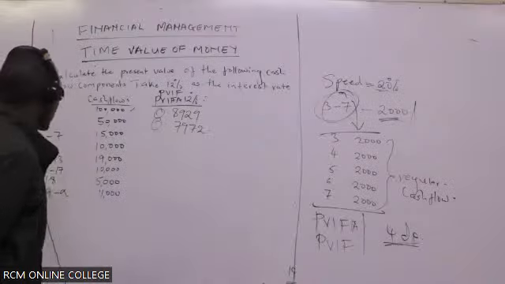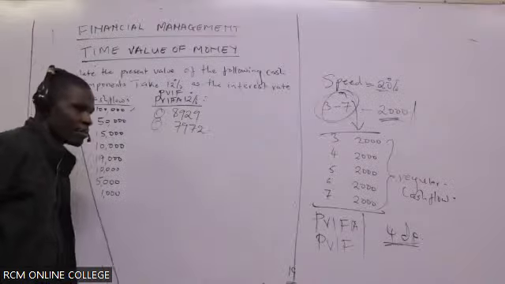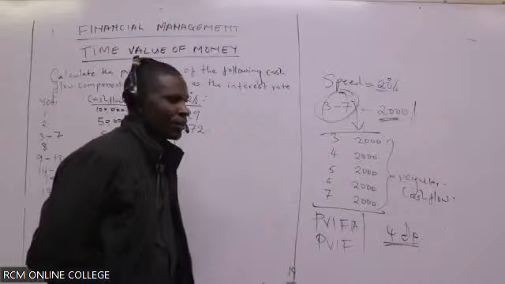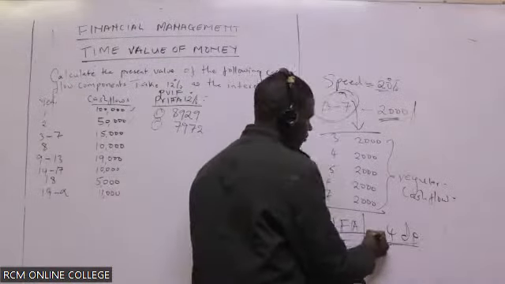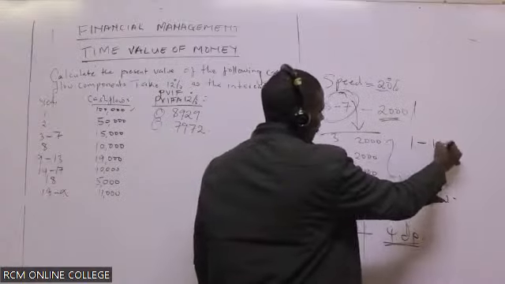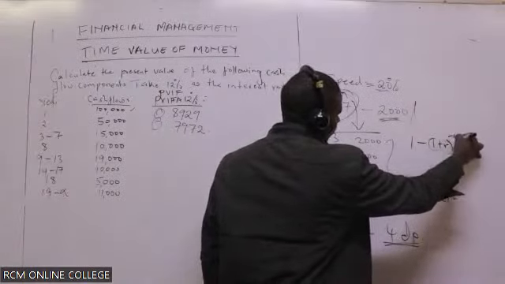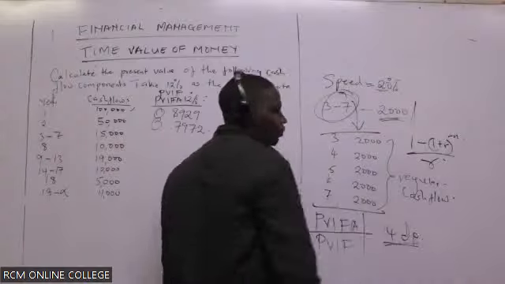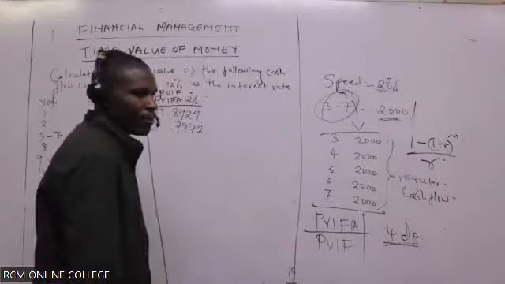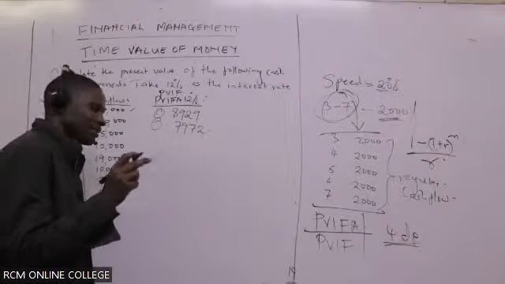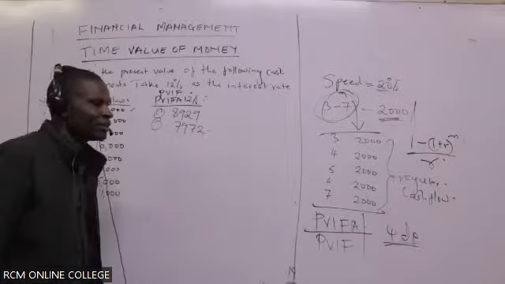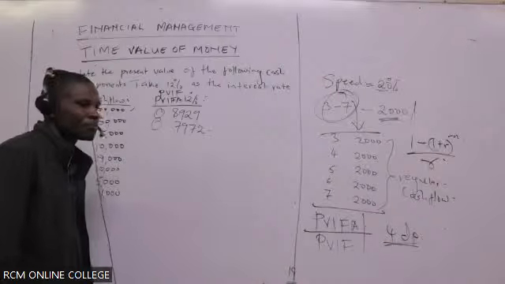Then we go to the next one, 3 to 7. Remember that is a range. It falls under regular, which is PV for 1 plus 1 minus 1 plus R negative N divided by R. So nipatieni, nataka nipate variety.